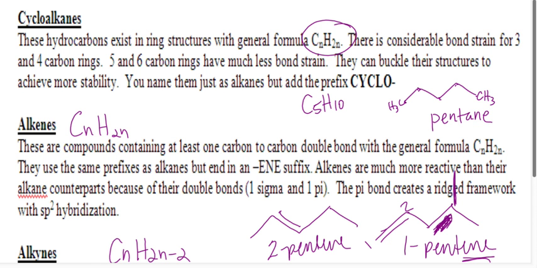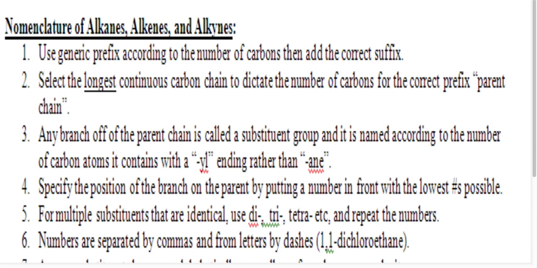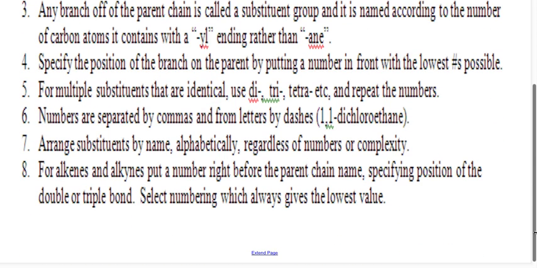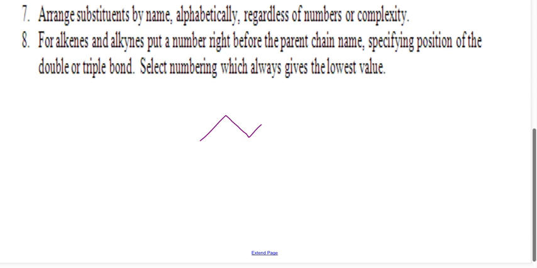Now, these things hanging off are called substituent groups. And you can read these rules later. I think you should read them after I go through examples. But what about these substituent groups? Let me just give you a little. So say we have a butane, and we have a group coming off.